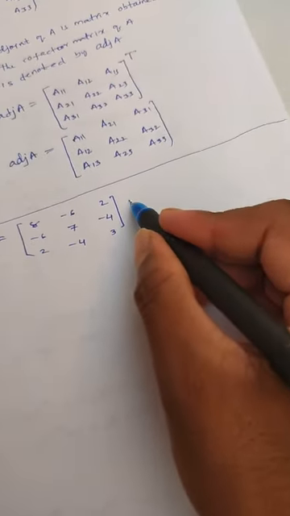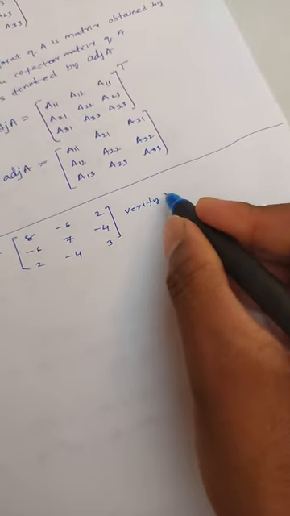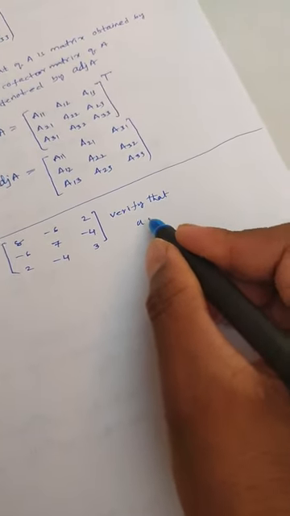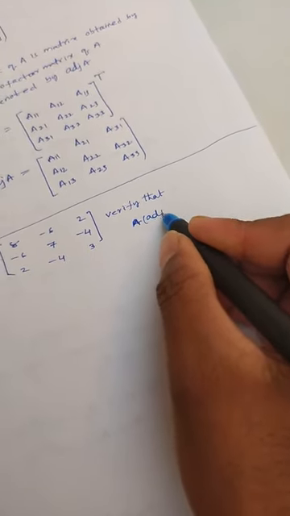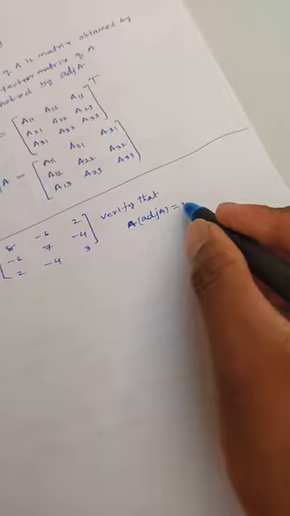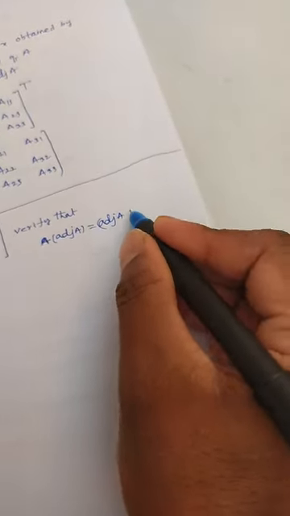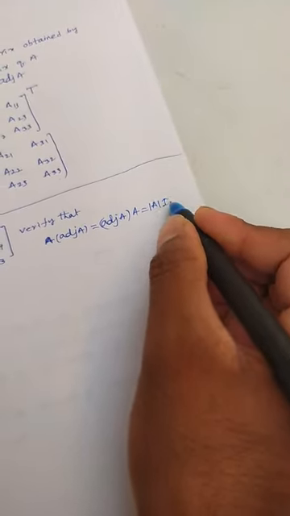We have to verify that A times adjoint A is equal to adjoint A times A, which is equal to det A times I3.